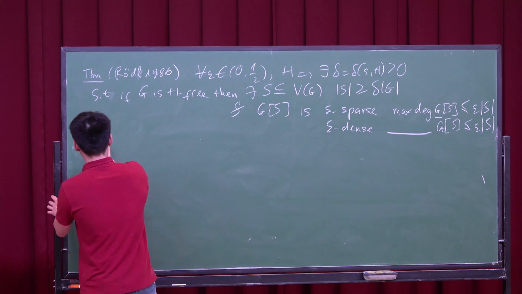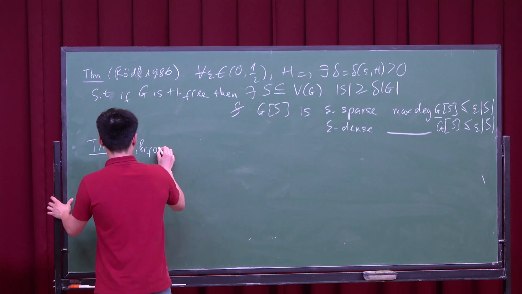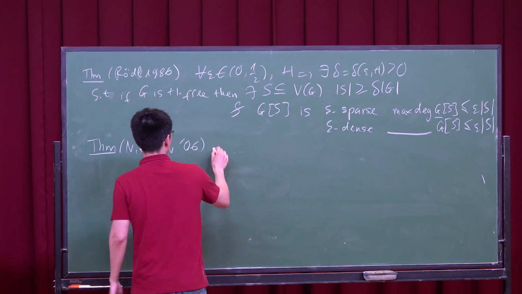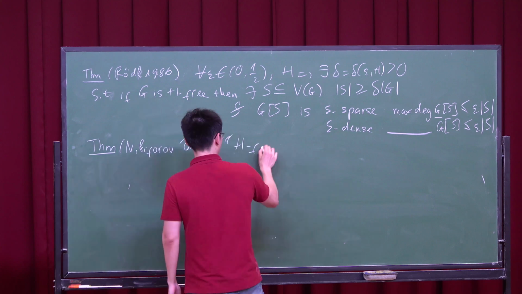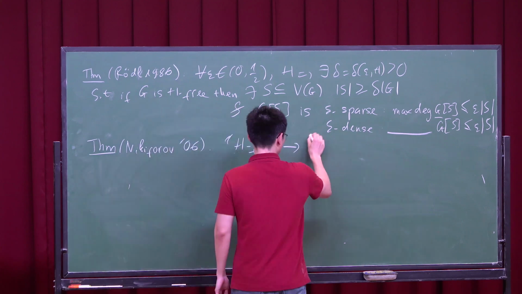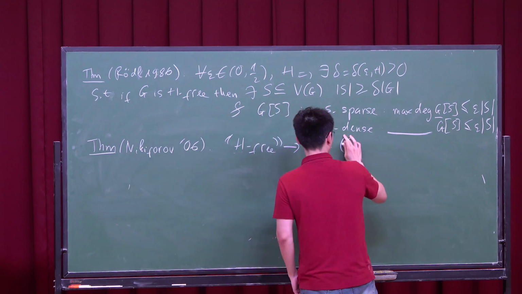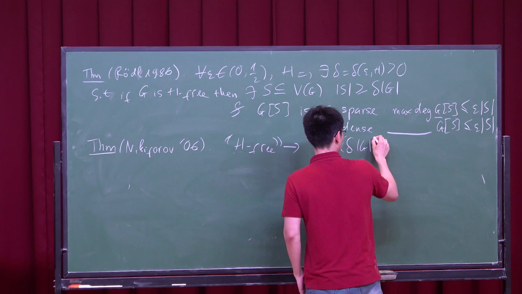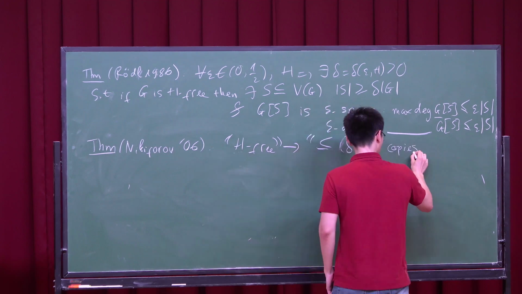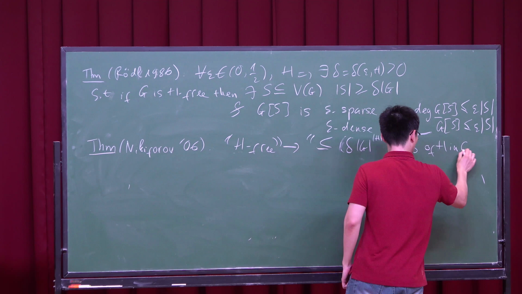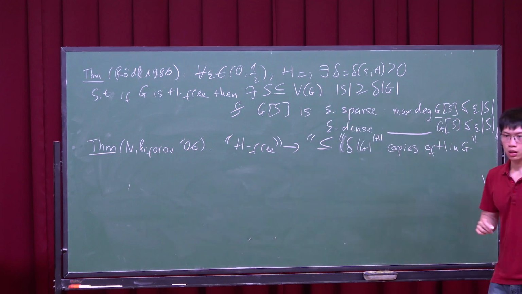So, a theorem by Conlon from 2006 says that we can change H-free to at most delta times |G|^{|H|} copies of H in G, and the same conclusion holds.